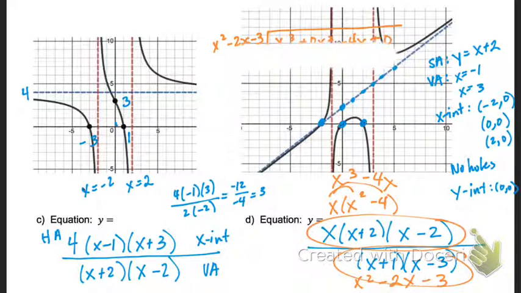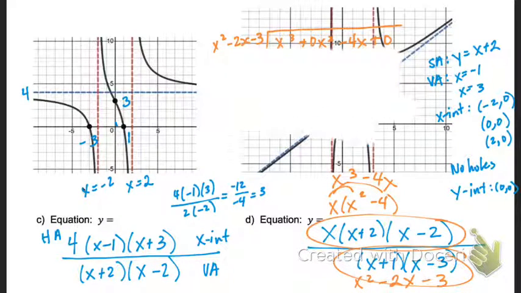I'm going to give us a little bit of space here. Okay, so from here, how do I get from x squared to x cubed? Just x. When I multiply that, x cubed minus 2x squared minus 3x.